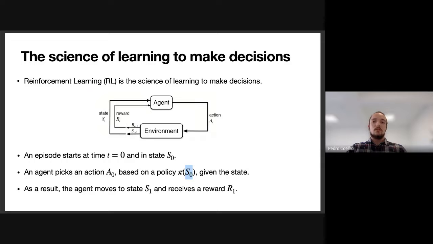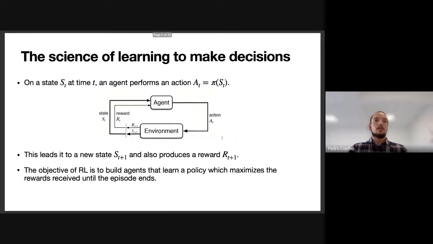And as a result of the evolution of the environment, the agent moves to state S1 and receives a reward R1. And this continues. So generally at state S_t, you do an action A_t, which equals pi of S_t. It leads to a new state S_{t+1} and produces a reward R_{t+1}. And so the objective of reinforcement learning is to build agents that learn a policy that maximizes the rewards that the agent will get over time.